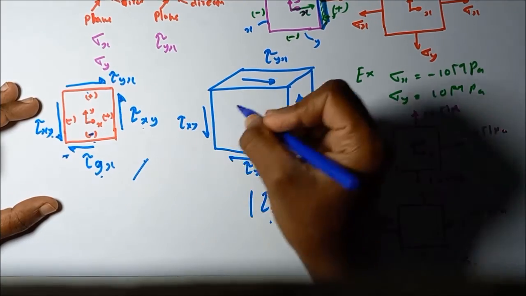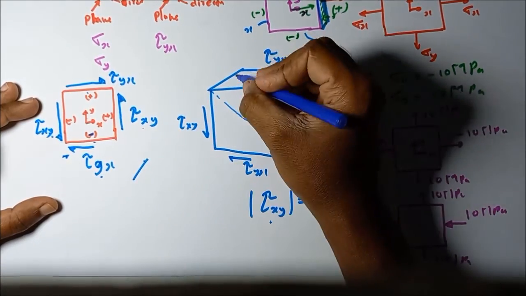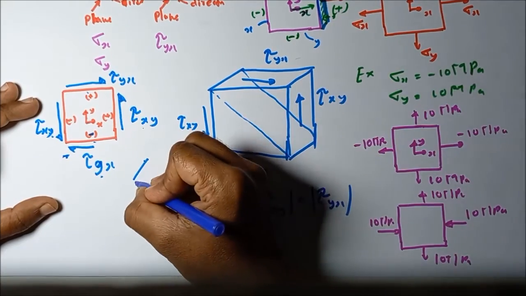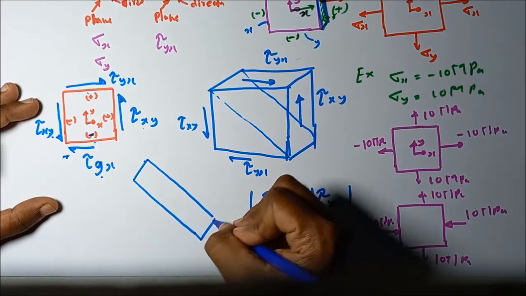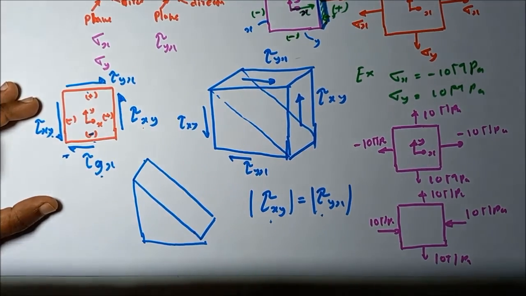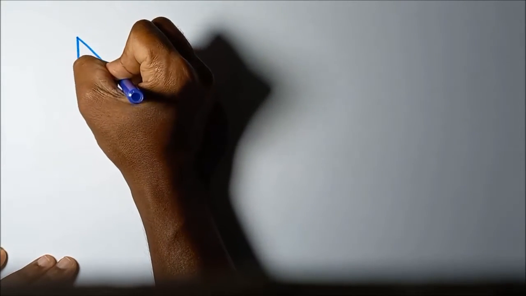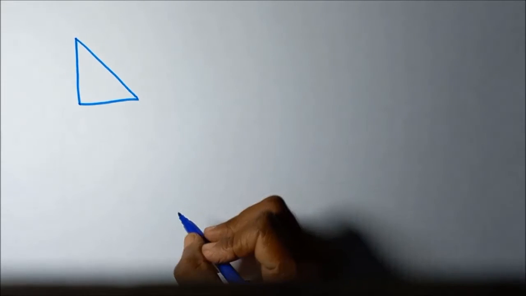For example, if we split this stress element on this plane, then we have a triangular shaped stress element. Next we are going to discuss the sign convention when marking the stresses acting on an inclined plane.